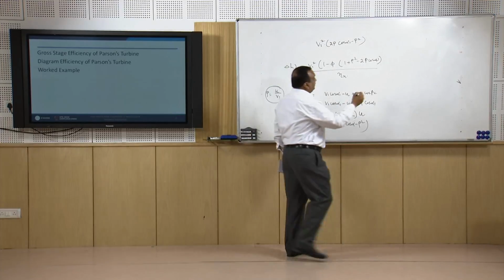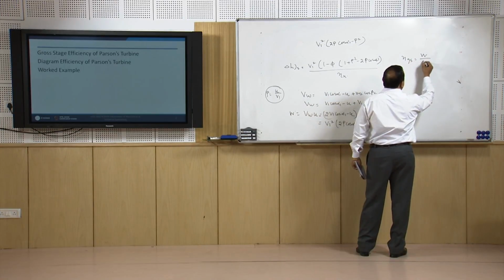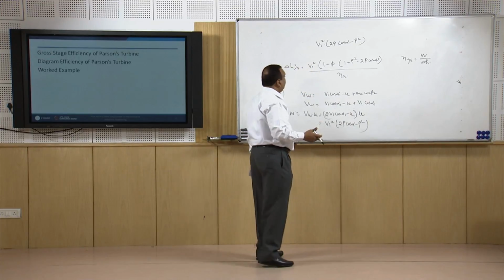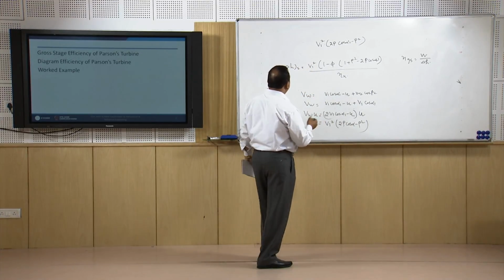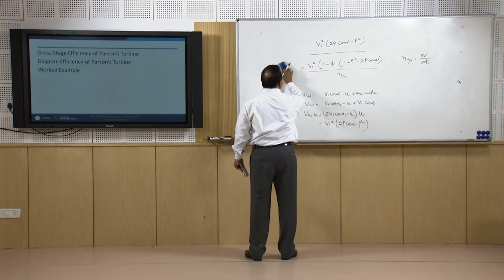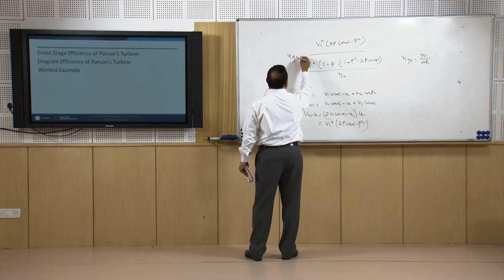So Gauss stage efficiency is W by delta H per unit kg, per unit kg of mass flow rate. This divided by this will give us the Gauss stage efficiency.